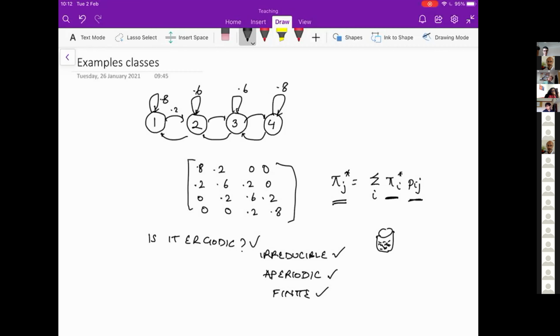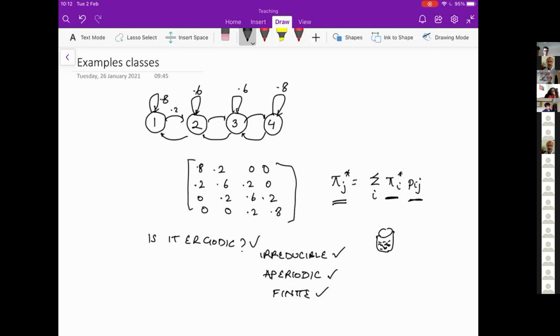So pi i star is the probability mass in the ith state, and from that mass we give a certain ratio, Pij, to the other bucket. Think of each transition as taking a ladle full of water of size Pij, and pouring it from one bucket to the other at a discrete point in time.